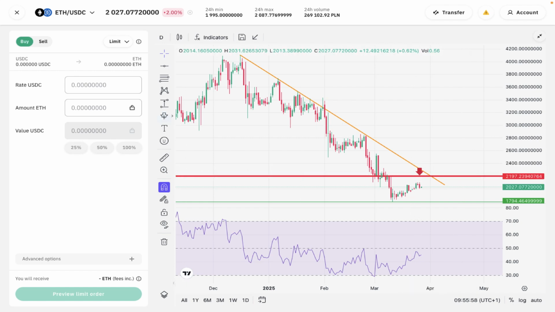So I have marked this level, the key level for us. I have marked it, so you can take a look on your charts and mark it as well if you like. This level must be violated in order to break the downtrend and resume the long-term uptrend for the Ethereum.